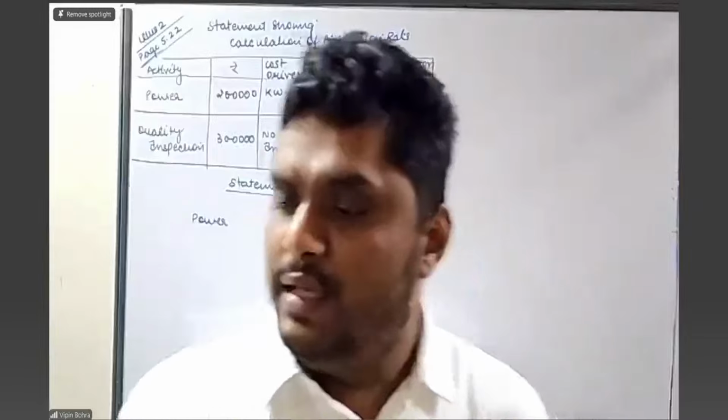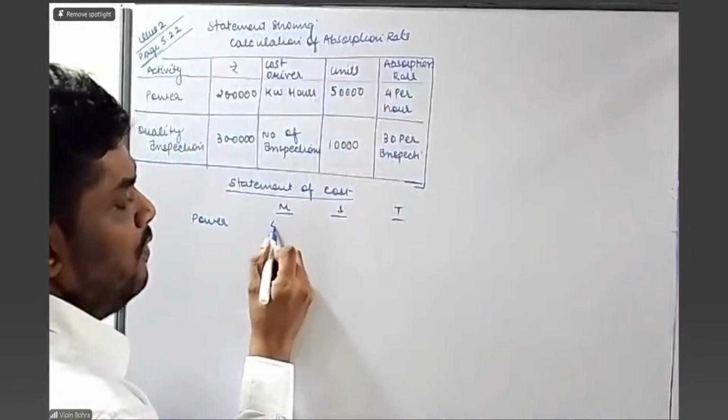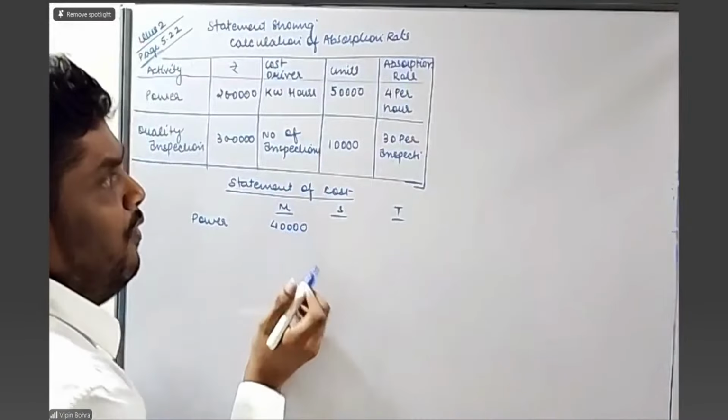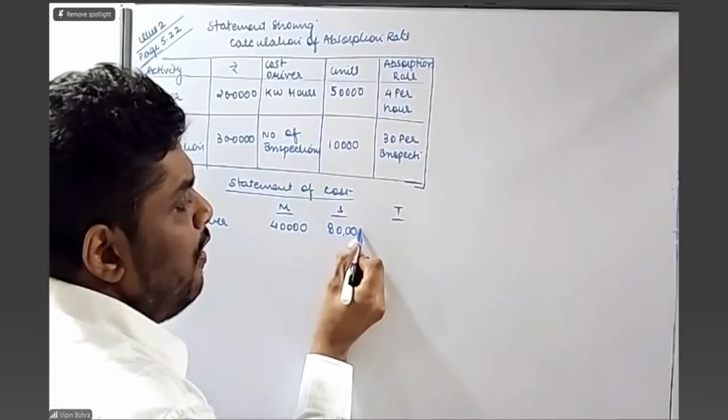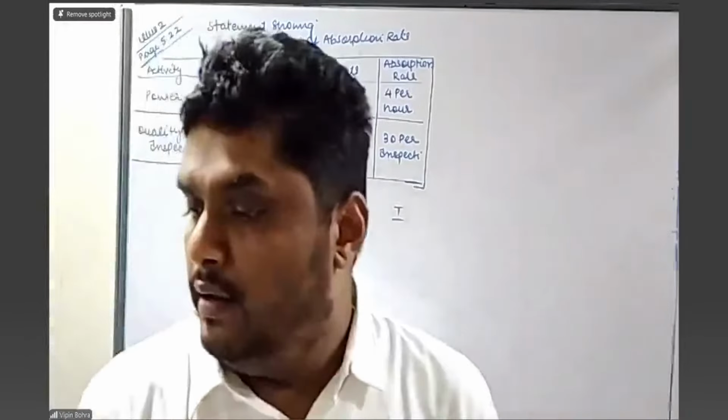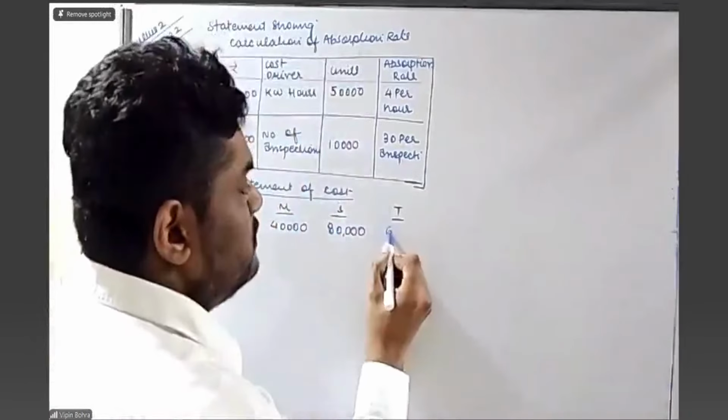So 4 into 10,000, 40,000, 80,000, and 60,000.